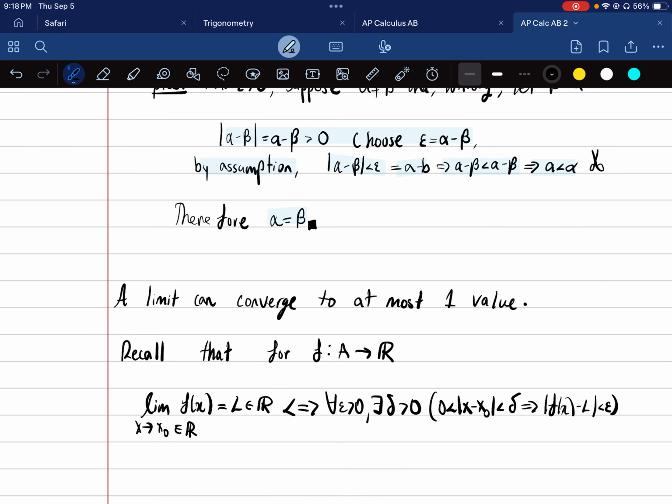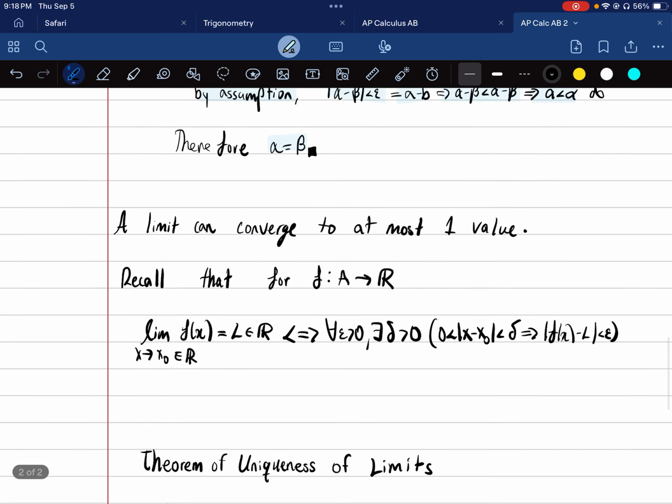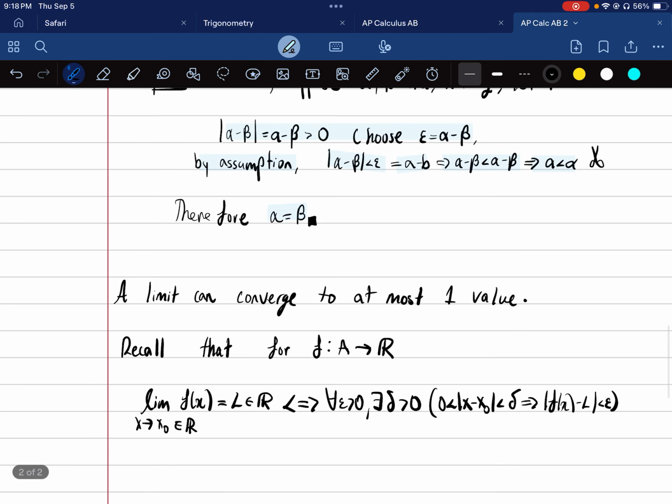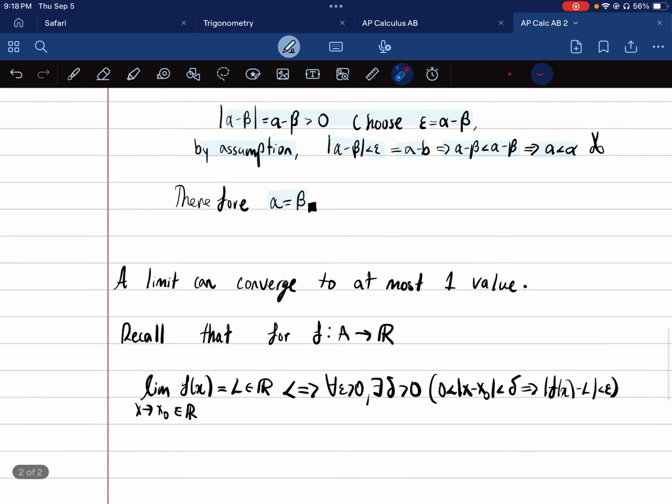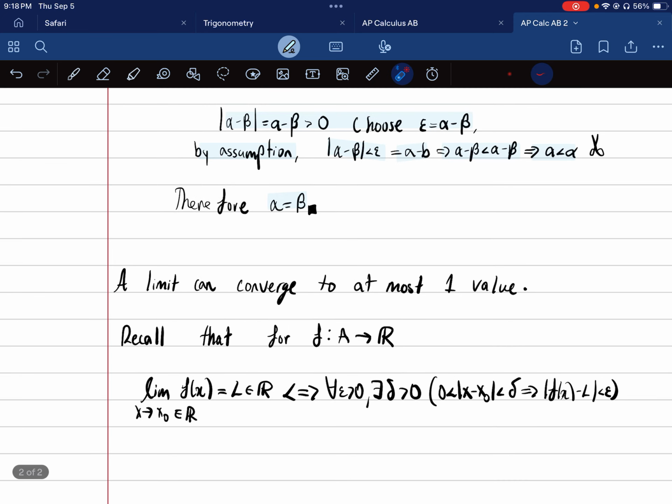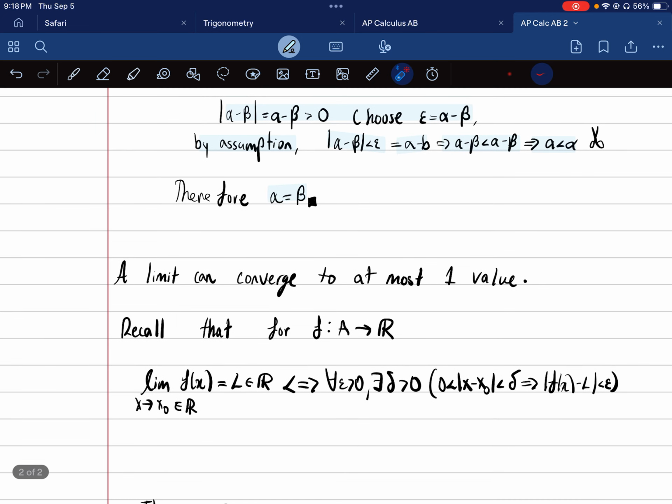Let's move on to the actual theorem of uniqueness of limits. Recall that f is a function where the domain is the set A and it yields a real result. I'll write it again, explaining what it is.